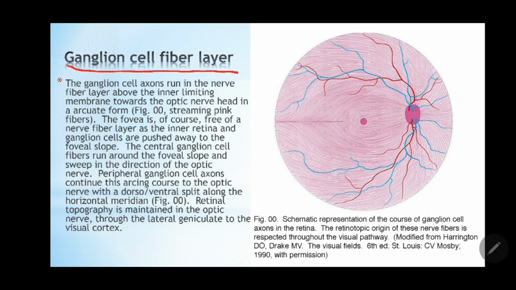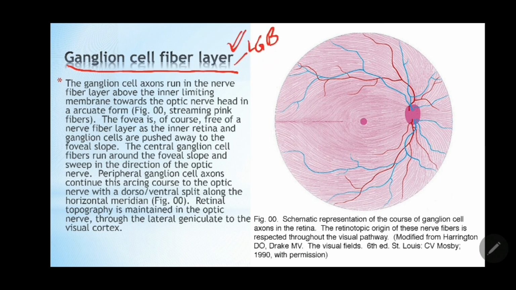Then partly the nasal fibers decussate in the optic chiasma, the temporal fibers continue, and ultimately they form optic tracts. Then the optic tracts relay in the LGB, the lateral geniculate body. So if it's asked where the ganglion cell fibers relay, most of the fibers relay in the lateral geniculate body.